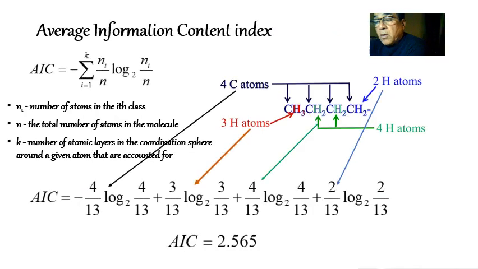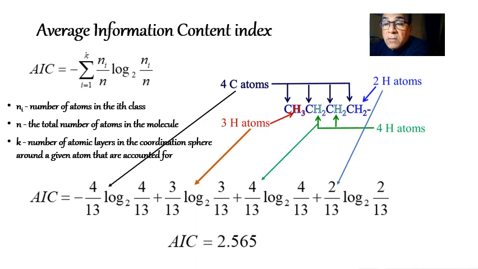The algorithm of the AIC index transfers the information of atoms of the same class into numbers. This structure contains 4 classes of atoms: carbon, 4 carbons; the terminal hydrogen, which is the second class; CH2, the same class, 4 atoms; and the terminal one, H2.